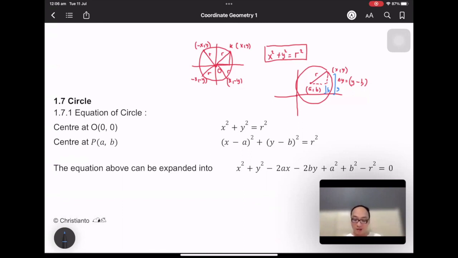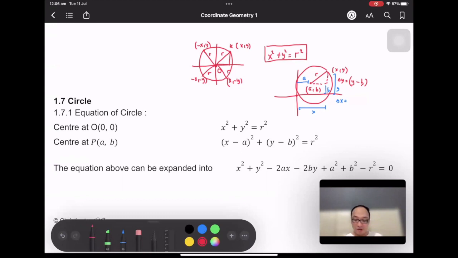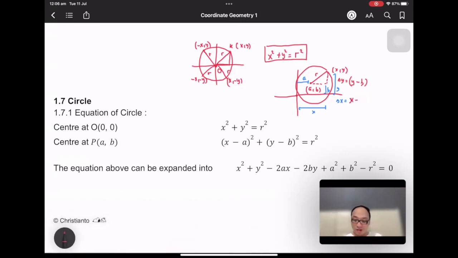And also for x, from here to here is x, and from here to here is a. So delta x here equals to x minus a. So the Pythagorean theorem here is x minus a squared plus y minus b squared equals to r squared.